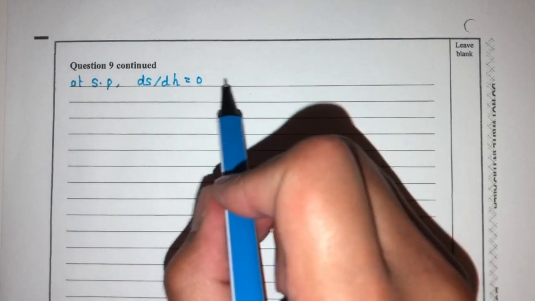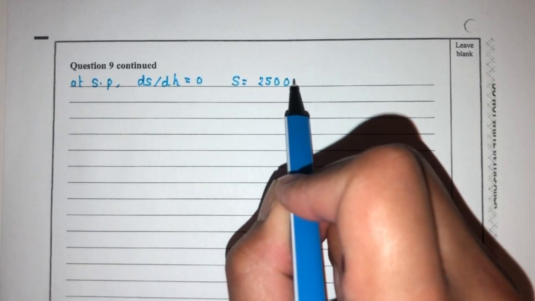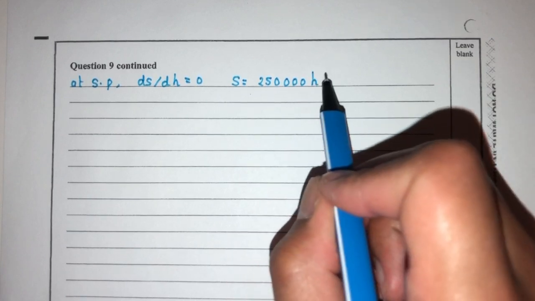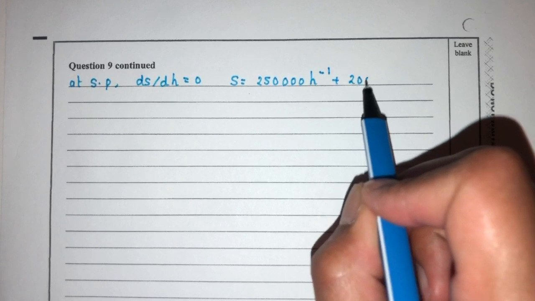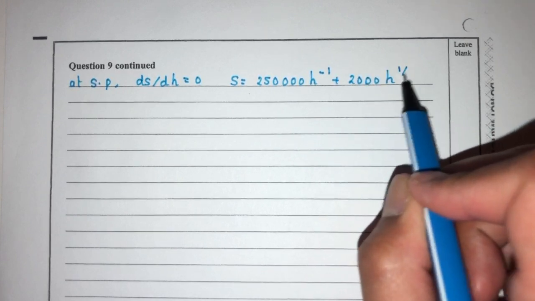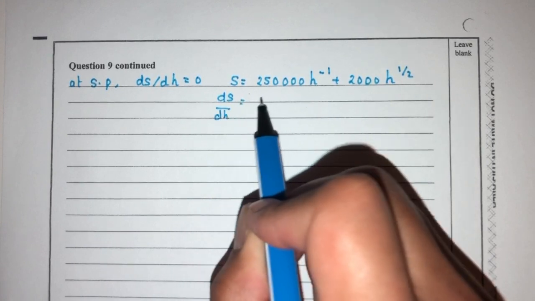So one by one, S is found to be this value right now. That'll be 250,000 over H, and we know this is 2,000 H power half. So ds by dh, that will be what?